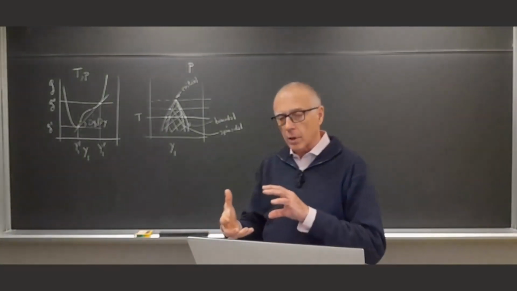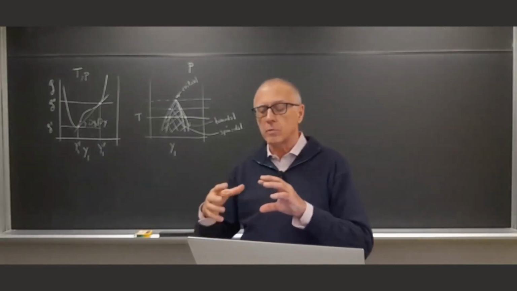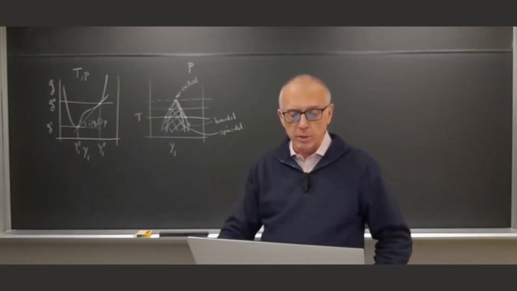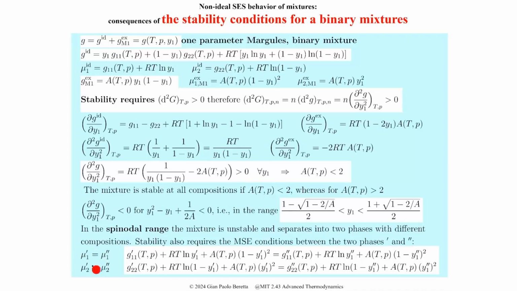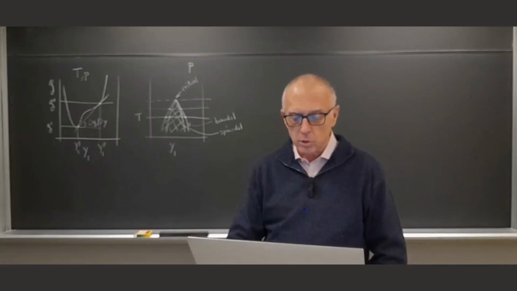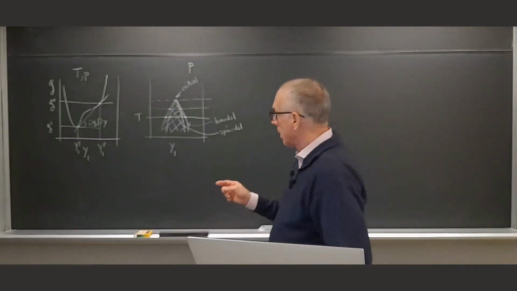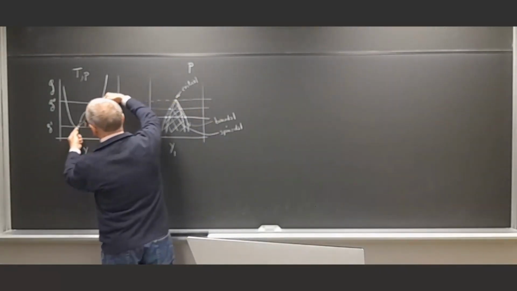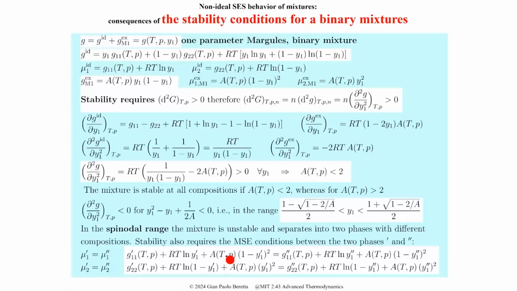But the other condition is that the 2 phases are in mutual stable equilibrium, and therefore you also have the conditions that the chemical potentials must be equal. And these 2 conditions essentially correspond to this construction of the tangent line that we just described.